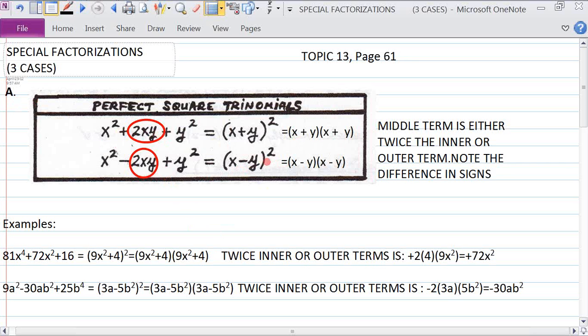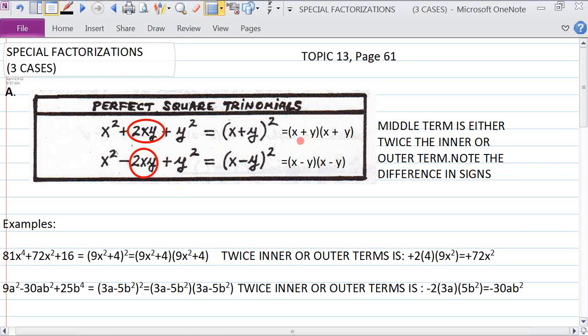Now, if you take x minus y squared, this means x minus y times x minus y. First times the first gives me the x squared. I combine the inner and the outer, I get minus 2xy. And minus y times minus y gives me plus y squared.